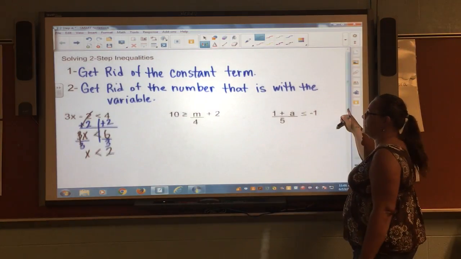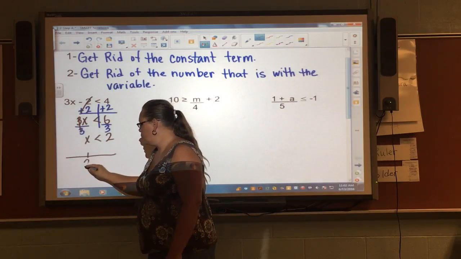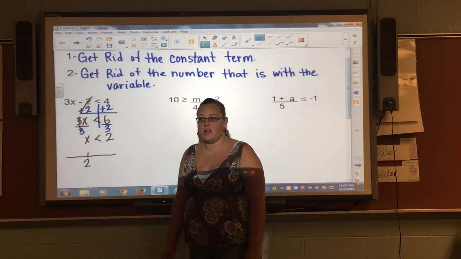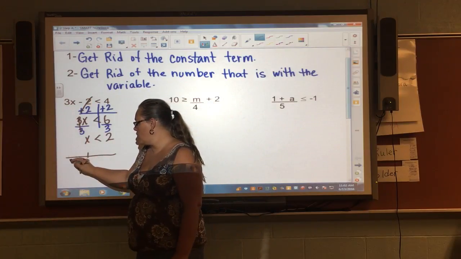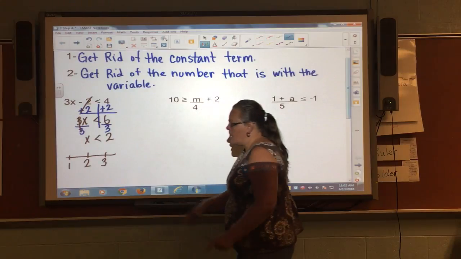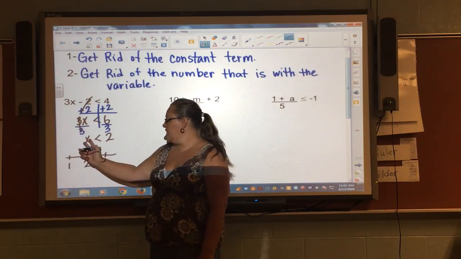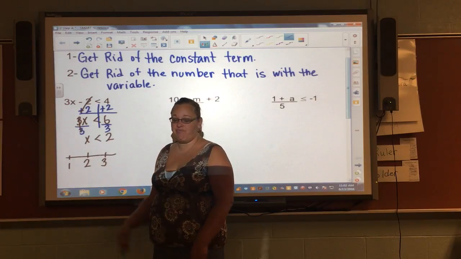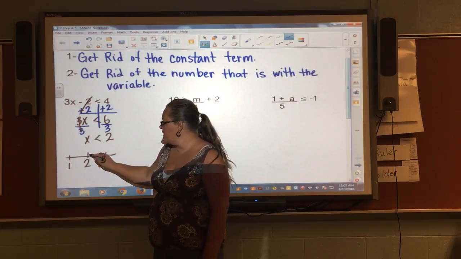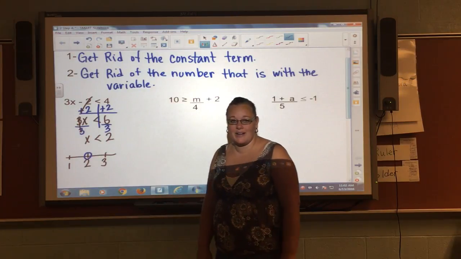So if we do a little number line, 2, our solution goes in the center. 0 is back here, so we'll put 1, 2, 3. And then we ask ourselves the question, is 2 less than 2? No. So that means I need an open dot there because that's not a solution or an answer.